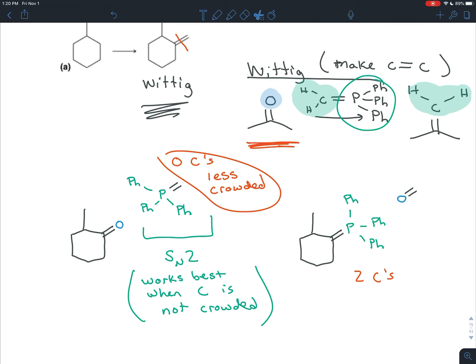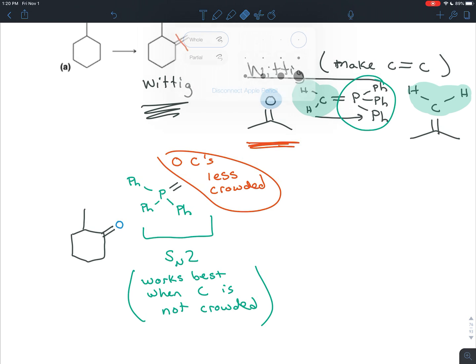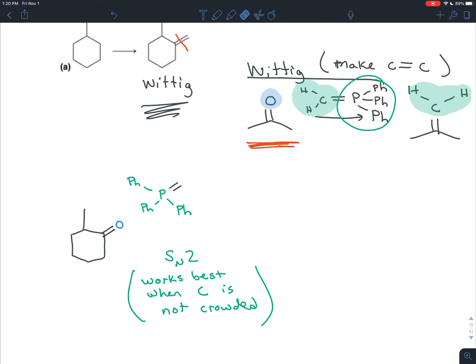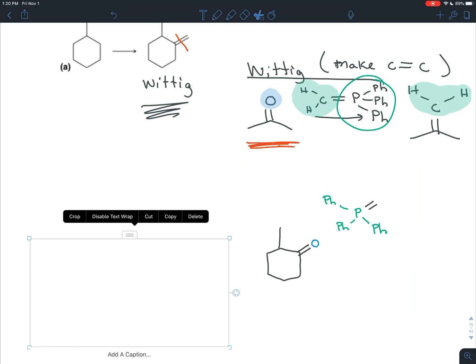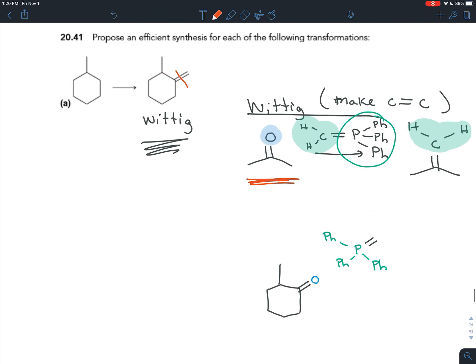And so it'll be easier to form this Wittig reagent on the left. And so that is by far the better Wittig reagent. Okay. So this is what we need. If we have this, these would come together and give us our product.